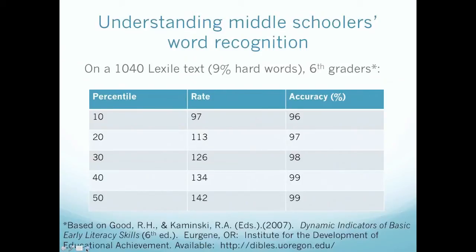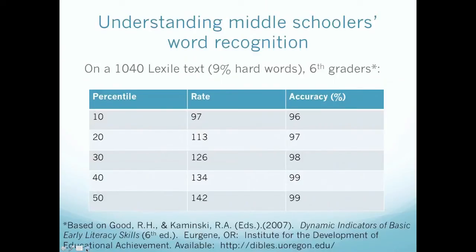And that's something that we really need to think and work on. But what I'm showing you here is that from the best knowledge that we have, even students at the 10th, 20th, 30th, 40th, and 50th percentiles are fairly accurate.